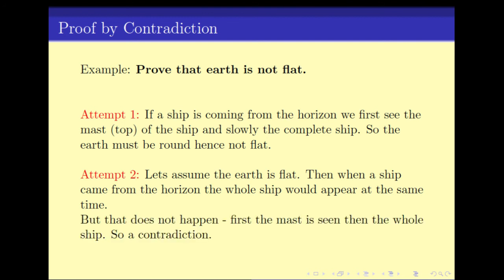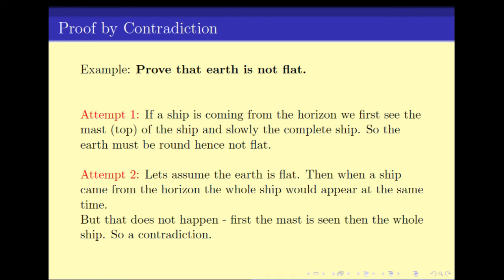But that doesn't happen. First the mast, or the top of the ship, is seen, and then the whole ship is seen. Thus, there is a contradiction. What you see is not the same as what you thought would happen. And the reason is that we have assumed something, that the earth is flat, and this assumption is wrong. Hence, we prove that the earth is not flat.